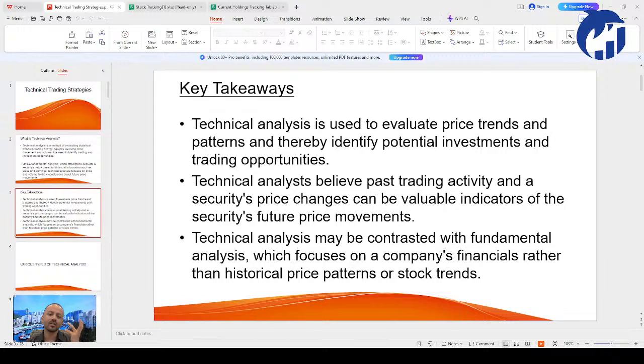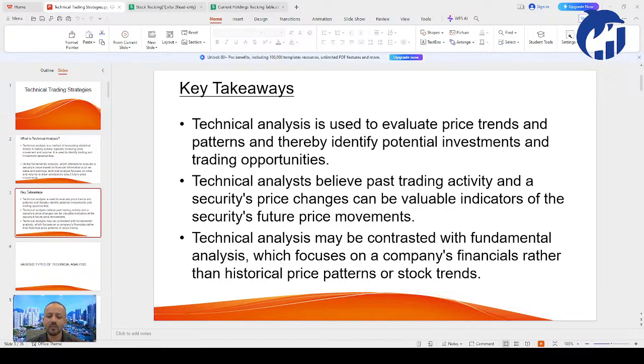K line is just another term used by Asians, especially Chinese, because it's called Kaishan. Sorry if I'm not pronouncing it right, but Kaishan is the Chinese word for candlestick, right? So we in English call it candlesticks, and they have their own term in Chinese, right?